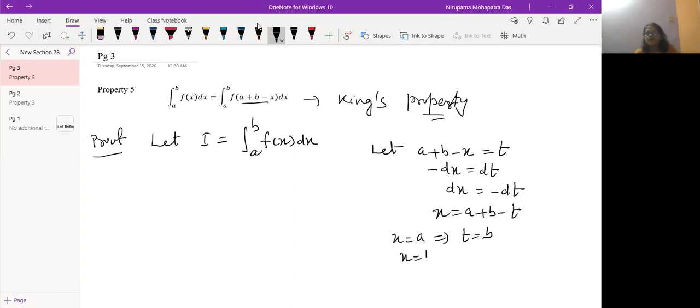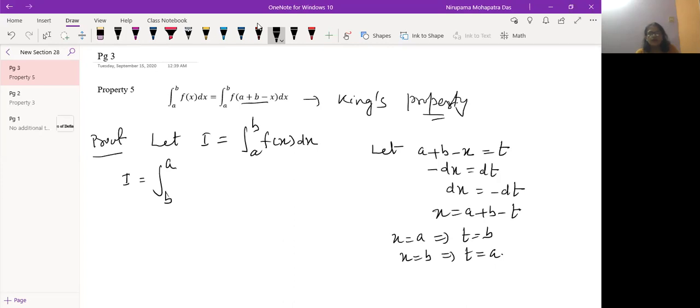Similarly, x equals b implies t equals a, since b minus b cancels. So now I equals the integral where x equals a means t equals b, and x equals b means t equals a.